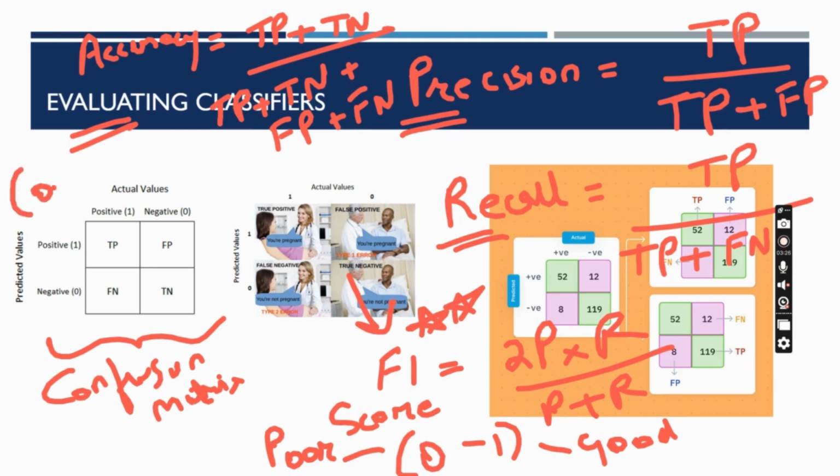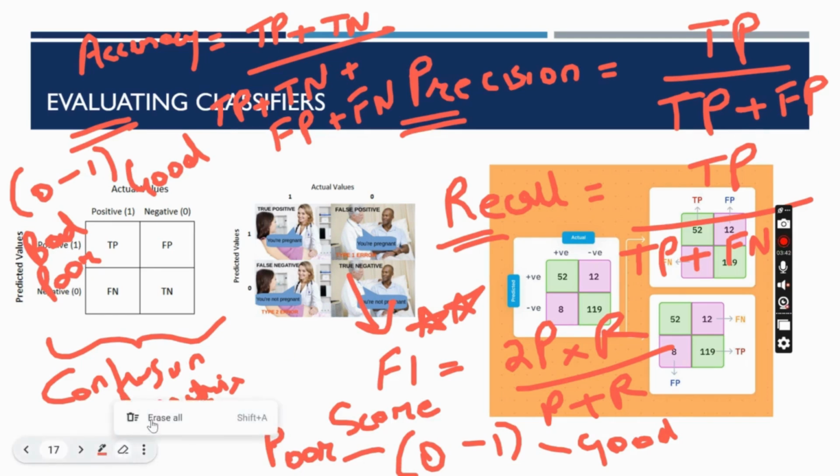Even accuracy is between 0 and 1, with 1 being very good and 0 being a very bad or poor classifier. Okay, so make sure that you are evaluating the classifier on the test set and checking its performance.